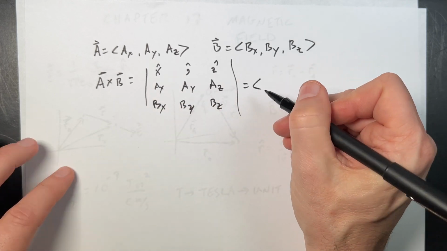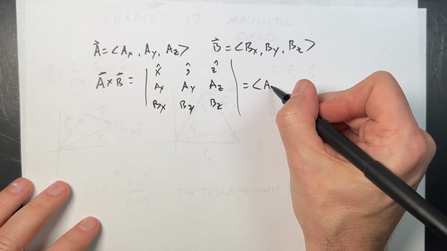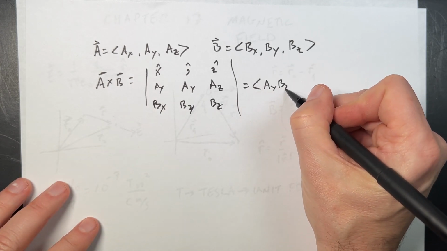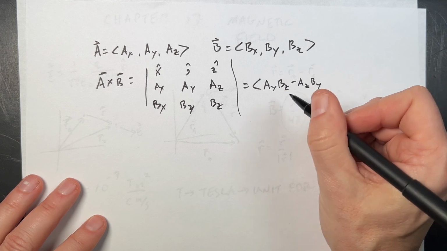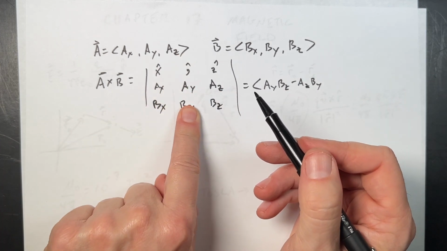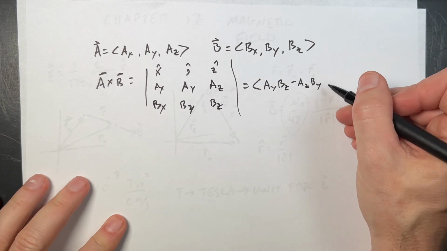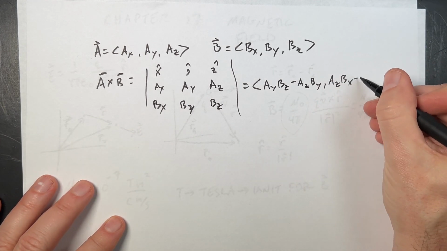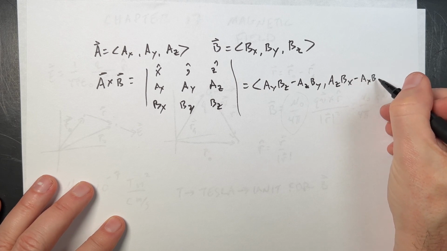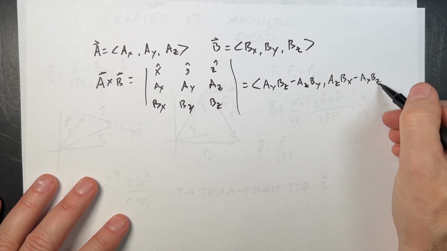And now I just expand about that top row. So the X component is going to be AY BZ minus AZ BY. The Y component actually gets a negative 1 in front of it, so it's going to be AZ BX minus AX BZ. And I'm running out of room, so I'll put a comma there.